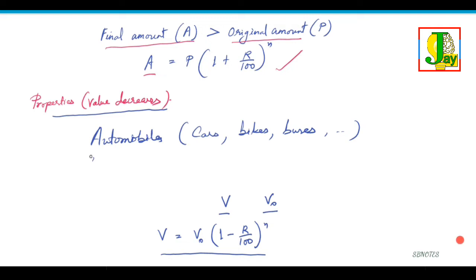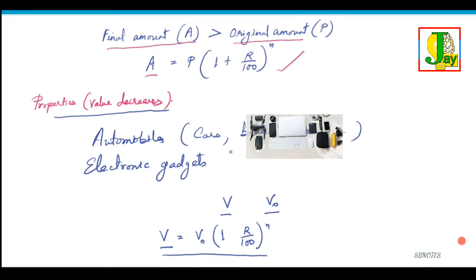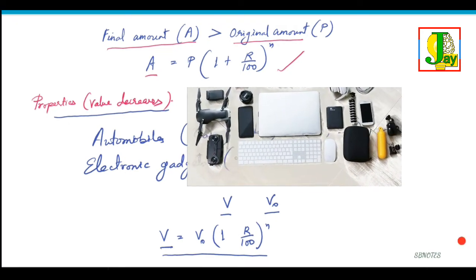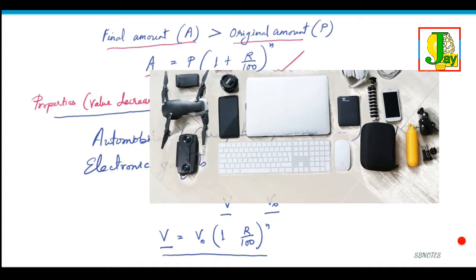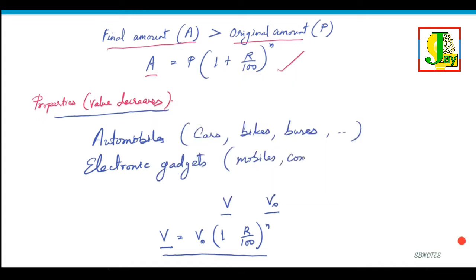Then we have electronic gadgets like mobiles, computers, and many more gadgets at your home.